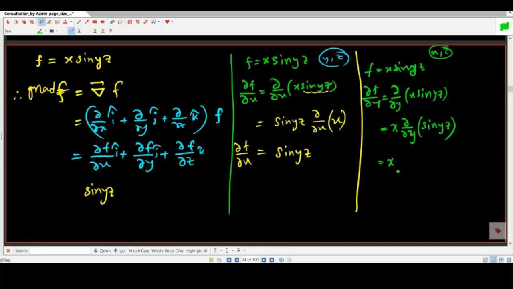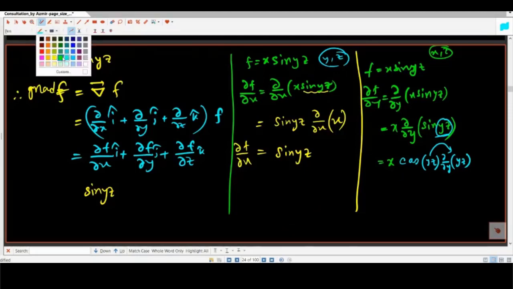So x, now we can apply chain rule. Let's say this is y. Differentiation of sine y is cosine y. The term that we have considered should be again in differential form. So this is the chain rule. We have x cosine yz.